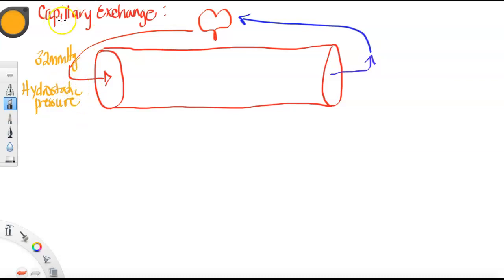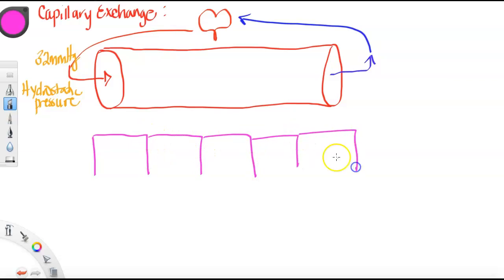Okay, and of course this is a capillary bed, so we have, it's a good color for tissues. So we've got some tissues down here, right? So little, whatever that is, tissue somewhere.